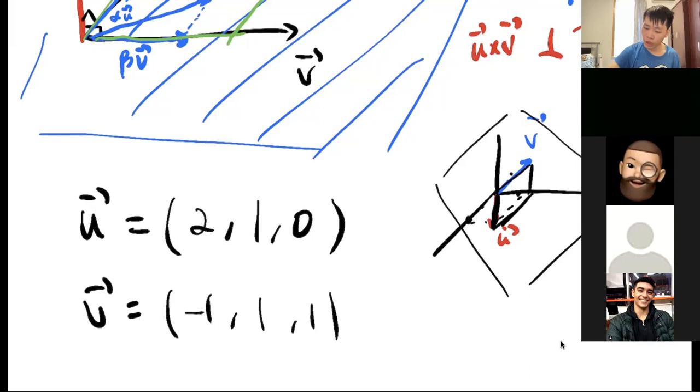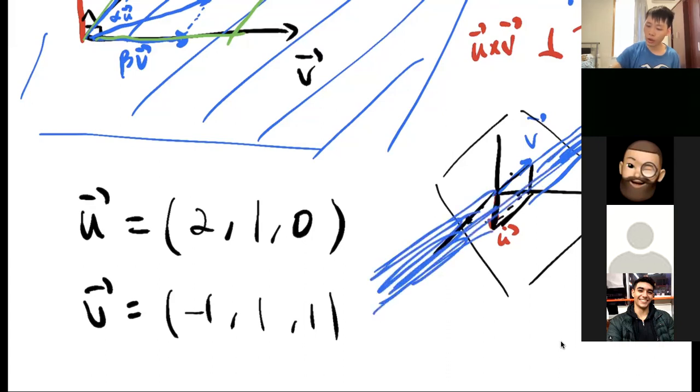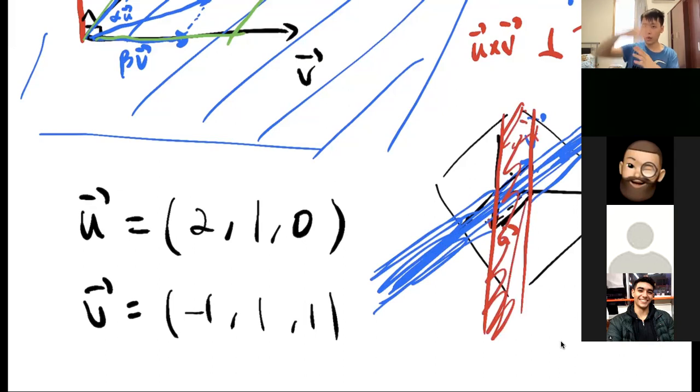If you stretch it along the edges of v, you get the points here, a long strip. And then when you stretch along u, you get the points here, the short strip.